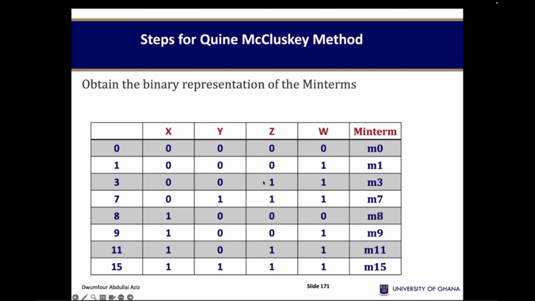And then we represent them using their minterm form, like M0, M1, all the way to whatever we have. So this is something that we can all do, right? Is there any question on this? Are we all clear on this?